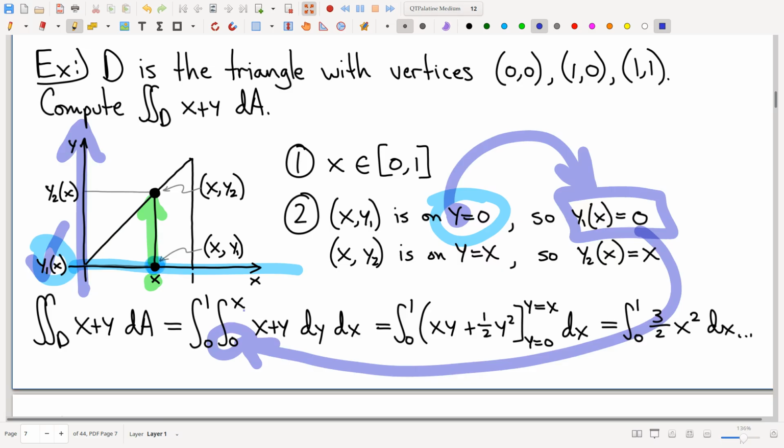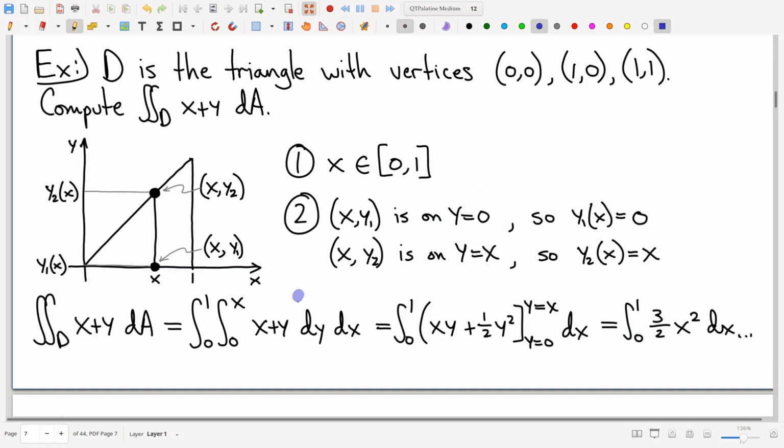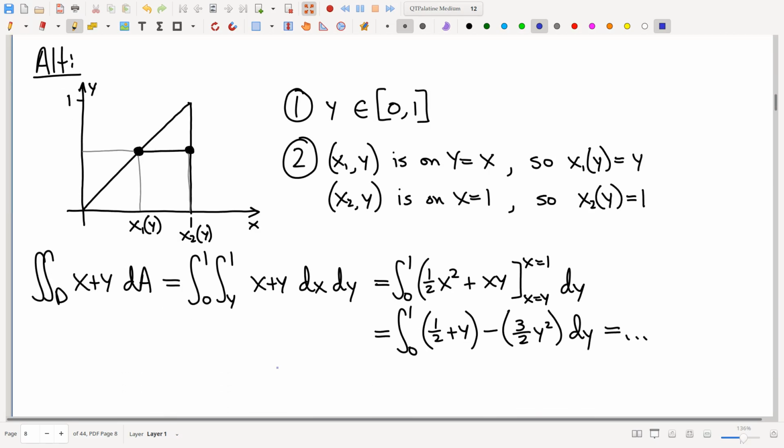All right, now in this example, I did the slicing in this order for no particular reason, just to get the ball rolling. So, okay, boy, what if we go the other way? If we go the other way, it's very analogous, a little bit different. Things work out a little bit differently. Again, you always got to follow the process.